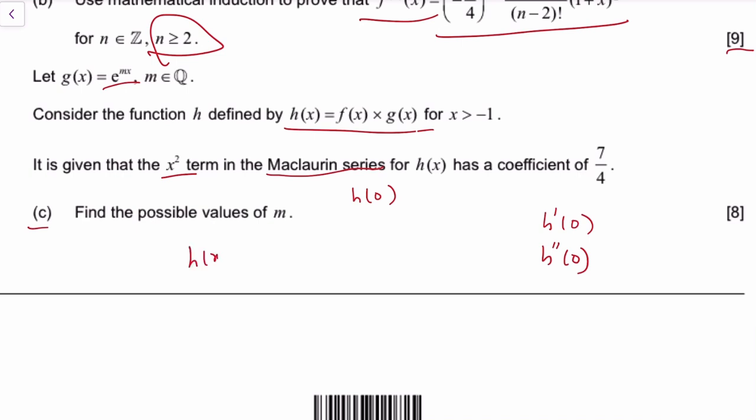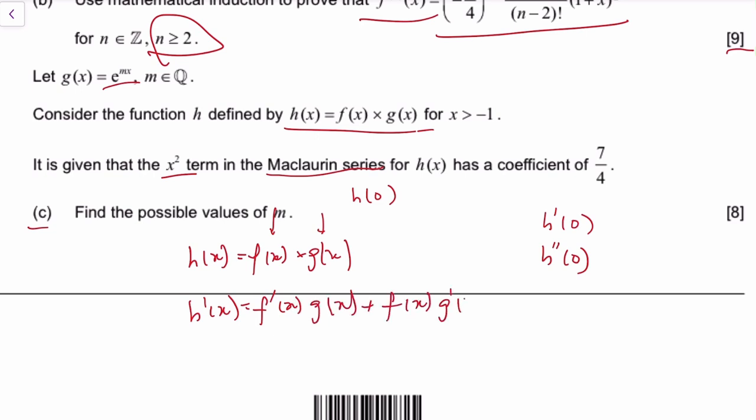Okay, so h(x) is f times g. So if we differentiate that once using product rule, I mean obviously it doesn't matter if you differentiate the first thing first or the second thing first. I usually differentiate the first, since it's a plus, doesn't matter for product rule.